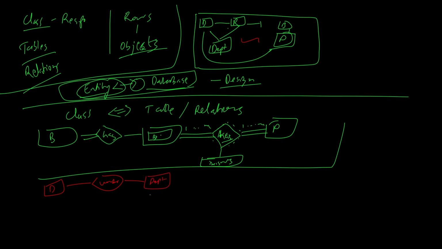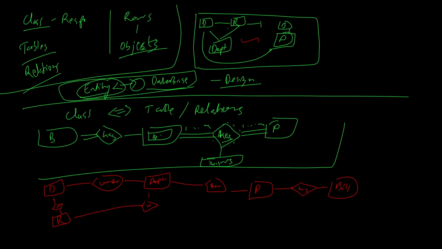In the same way you have a resident, which works under a doctor and works with a department. Department will have patients. The patient pays or has a bill, right? Now that administration department will be under here only.